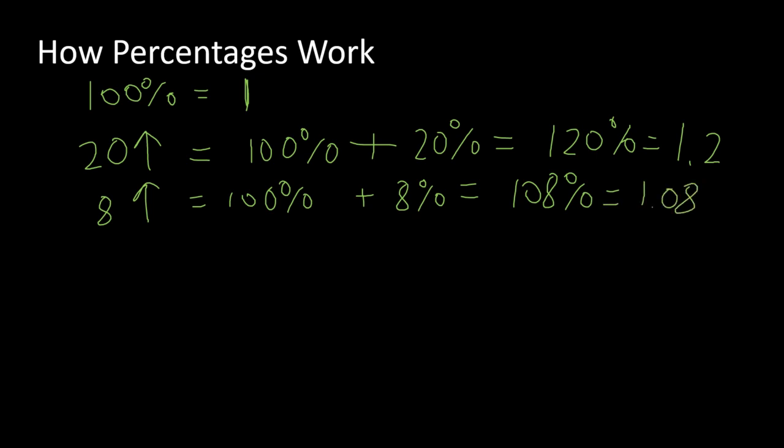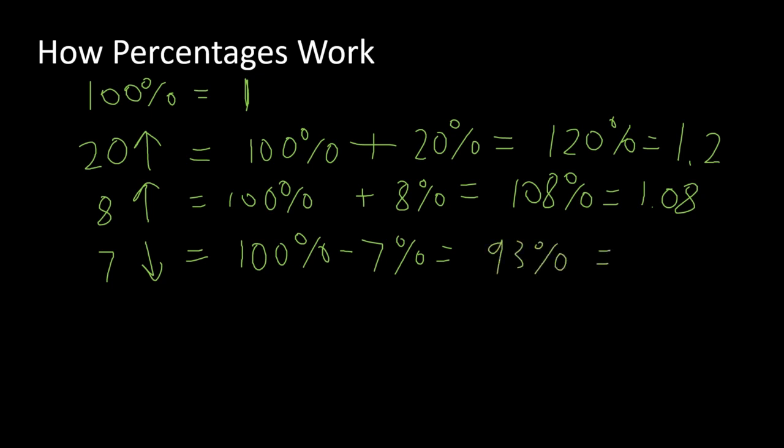Now if it was a percentage decrease, let's say it decreases by 7%. On the calculator, it's going to be 100% minus 7%, which equals 93%. And then you have to type in 0.93.